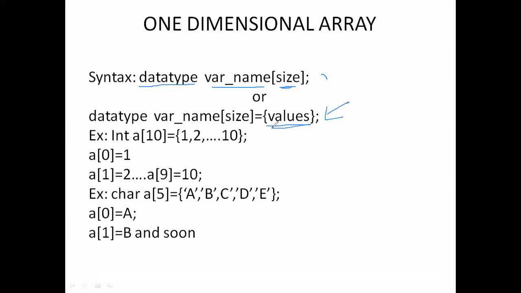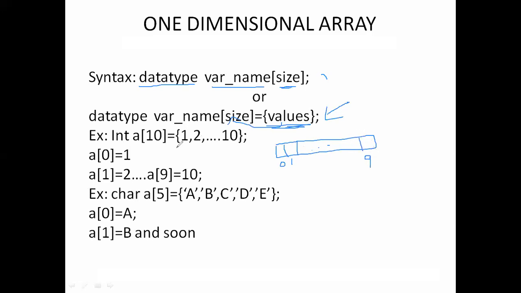Here in this you directly give values to the array. See the example: int a of 10. When we initialize the array, the computer will allocate a memory block with start index 0, then 1, and so on up to 9.